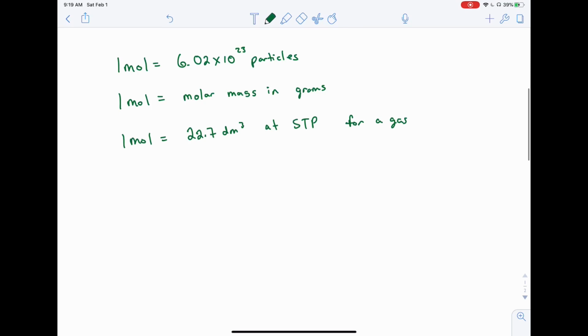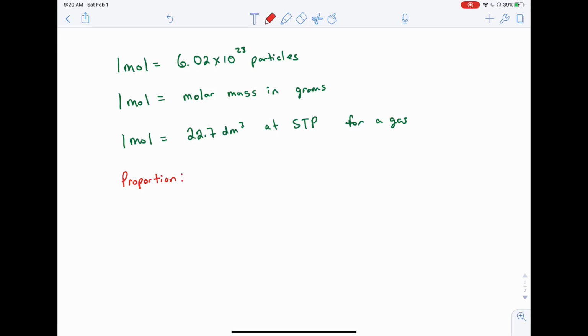With these conversions, I tend to think of it in this manner, where you want to make the numbers make sense. You can do a proportion, which a lot of students do because it's very similar to math.